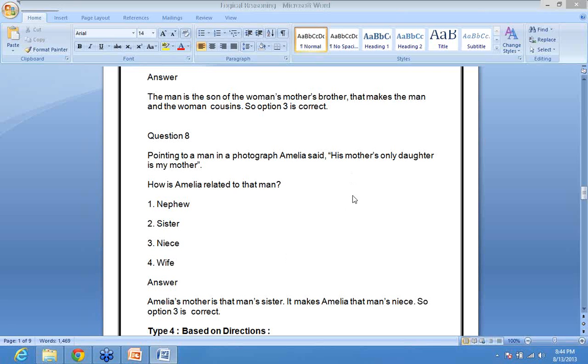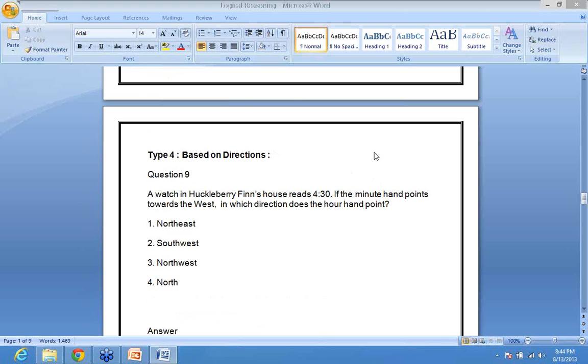Okay. Now coming to the fourth type. The fourth type is questions based on directions. This will require a pen and a paper to solve it. You will have to draw directions to get the correct answer.